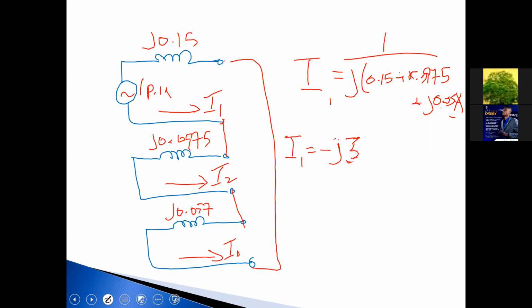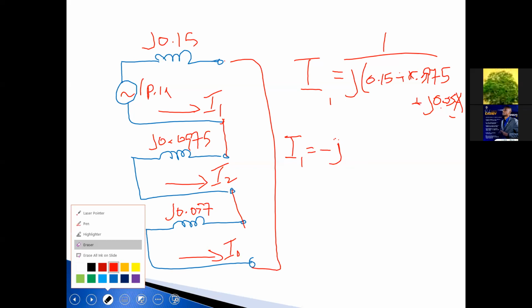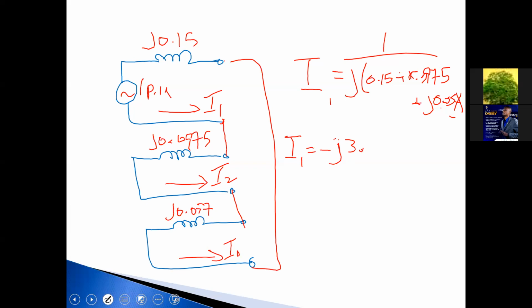Give me the answer again. So negative 3.284. Mr. Grant was speaking, Mr. Wilson. Go again, Mr. Grant. Negative j3.028. Oh, 3.0.